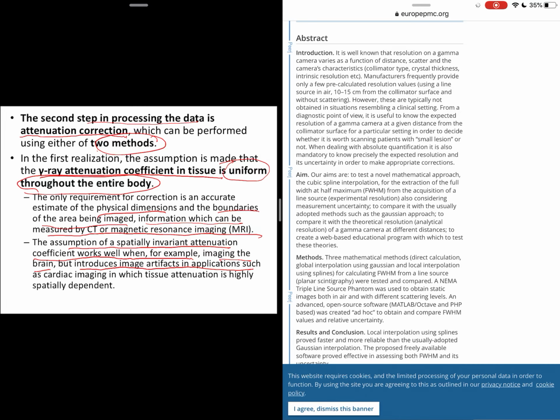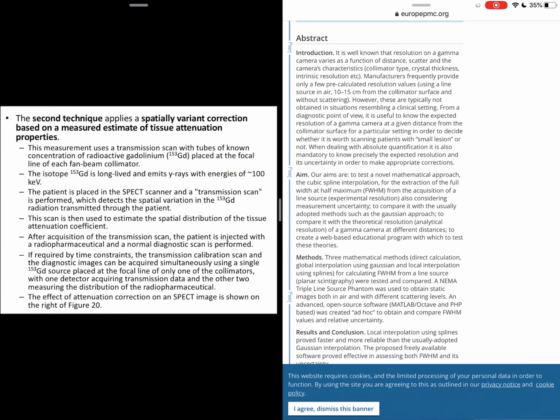The assumption of a spatially invariant attenuation coefficient works well when, for example, we want to image the brain, but introduces image artifacts in applications such as cardiac imaging, in which tissue attenuation is highly spatially dependent.